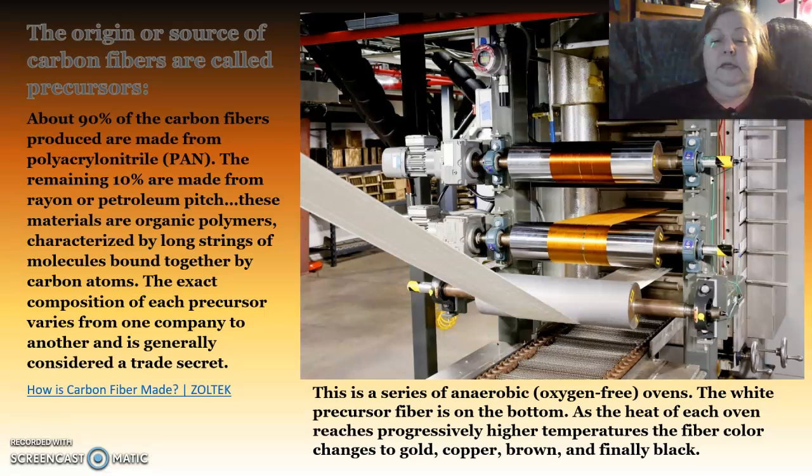This is a series of anaerobic, oxygen-free ovens. The white precursor fiber is on the bottom. As the heat of each oven reaches progressively higher temperatures, the fiber color changes to gold, copper, brown, and finally black.